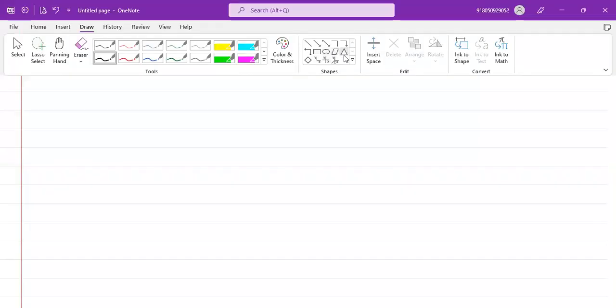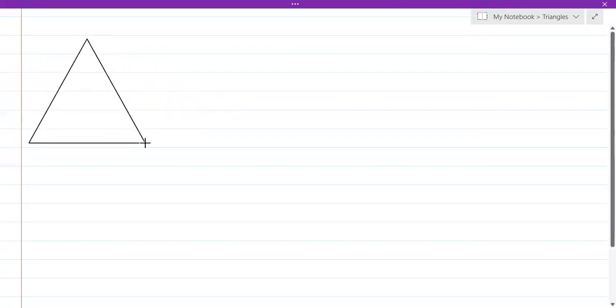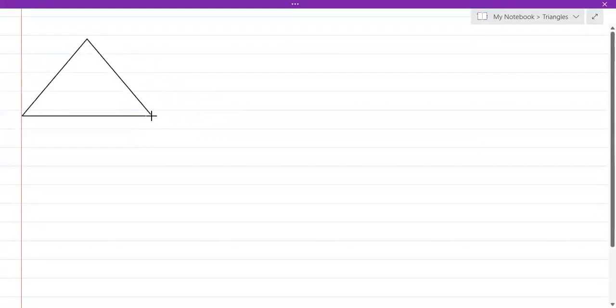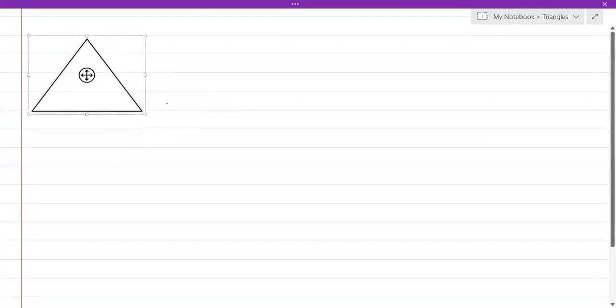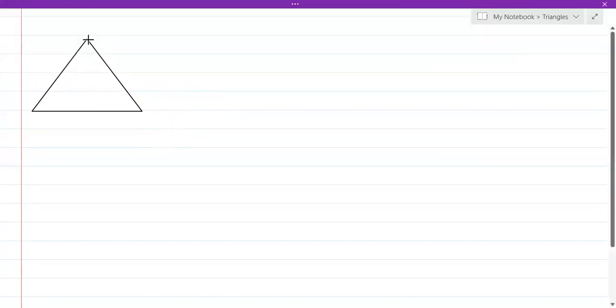So we have got a triangle. Let's take a triangle like this. Okay. And let's draw the perpendicular.